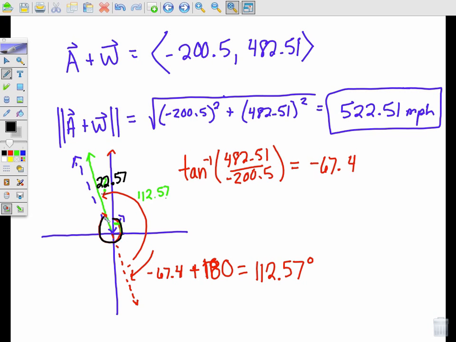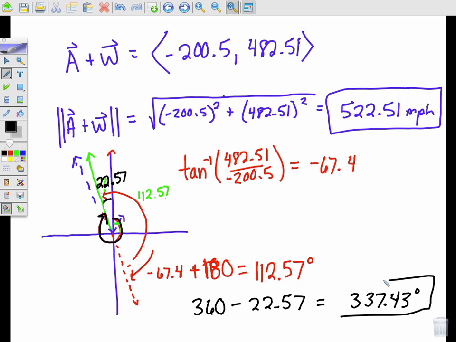Okay, so again, in the very beginning, what I told you was we needed to know the angle all the way around going up to that vector. What I know is the inside angle is 22.57. So final result, if I take the 360 all the way around minus the 22.57, this is going to give me my resultant angle, which is 337 degrees, 0.43. So final angle. That is a radial measure.